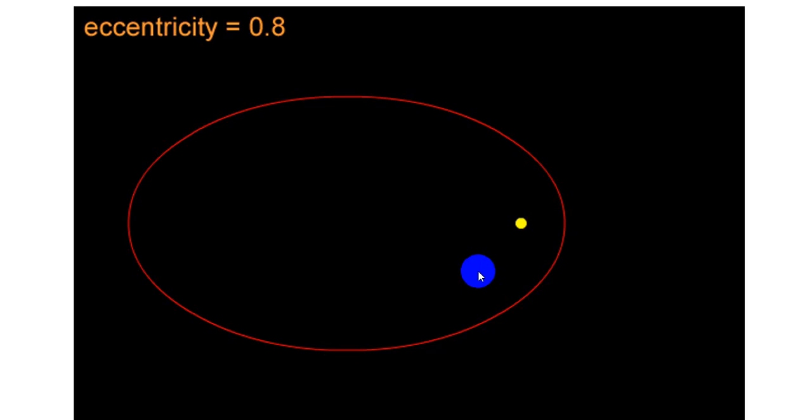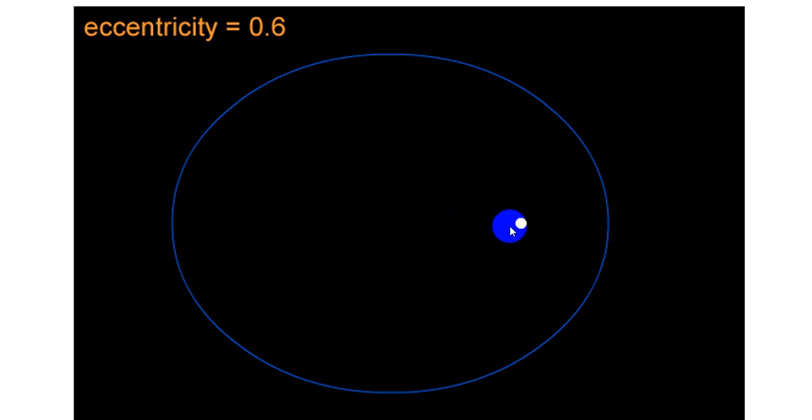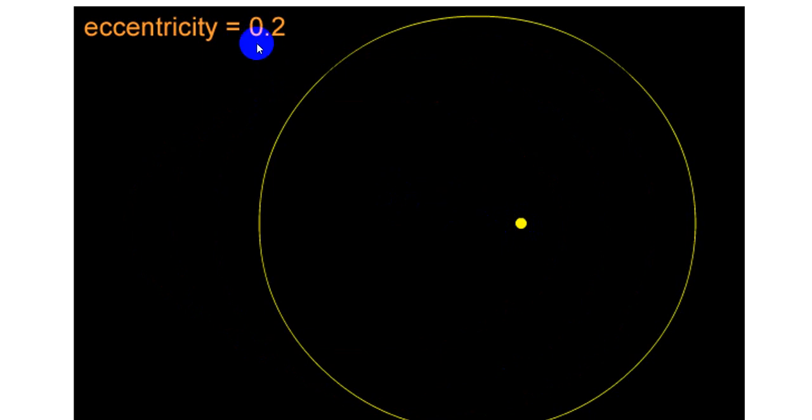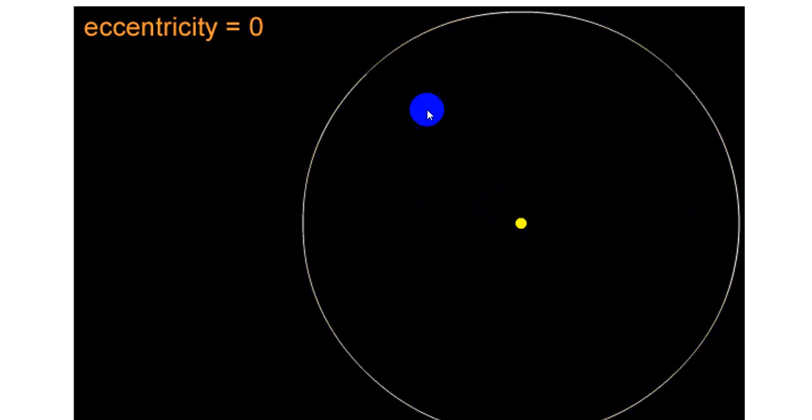Let's see. As you see here, this one is 6 and the other one is 4. The closer you go to 0, the more it will be a circle.